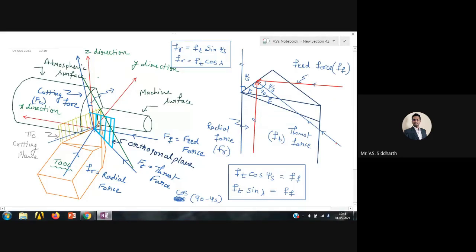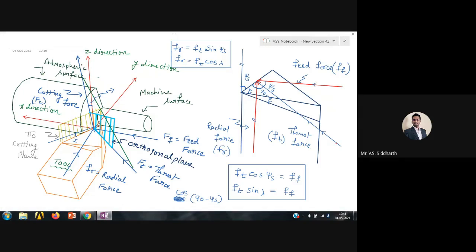It is not alpha O. Alpha O is in this direction. Orthogonal rake angle is in this direction. That is the other brother of alpha O, which is I, the inclination angle. If you say ORS tool signature, that is inclination angle. If you say ASA tool signature, that is back rake angle.